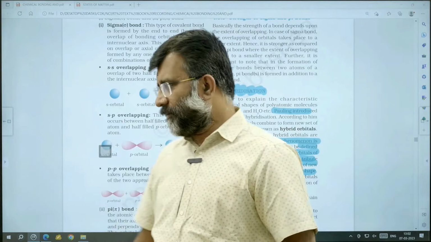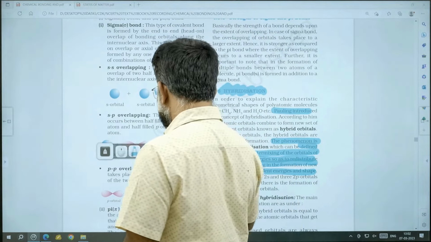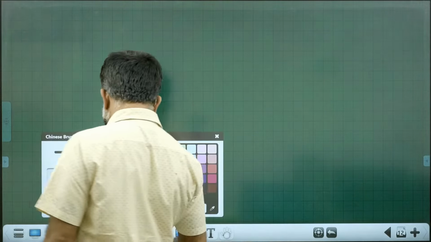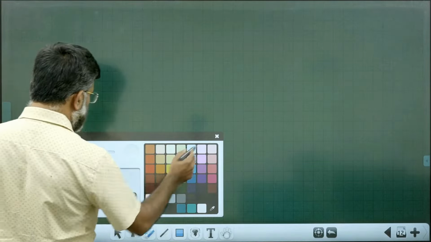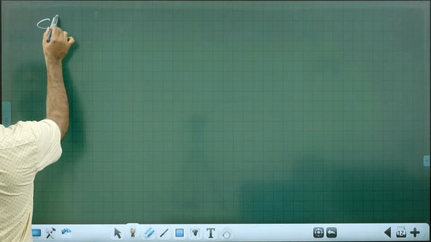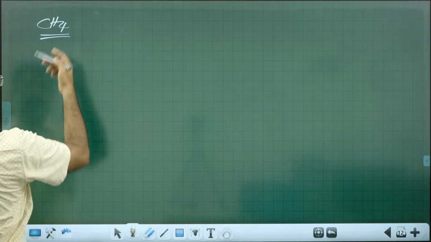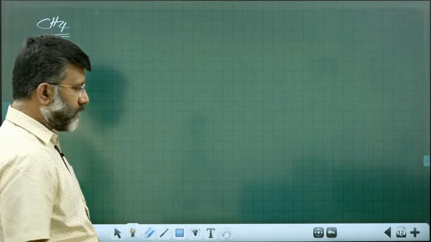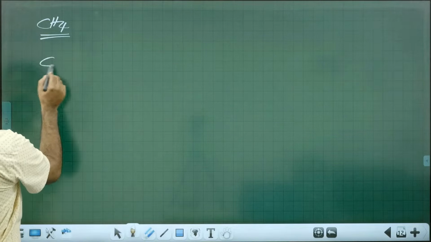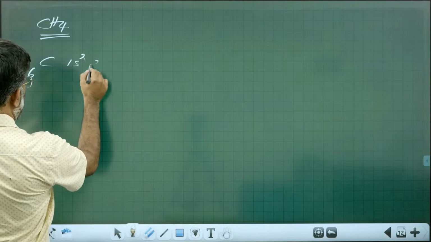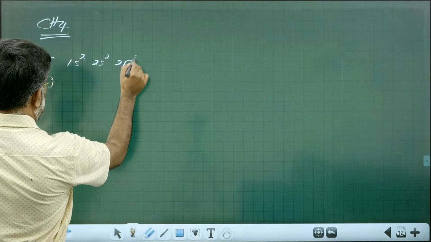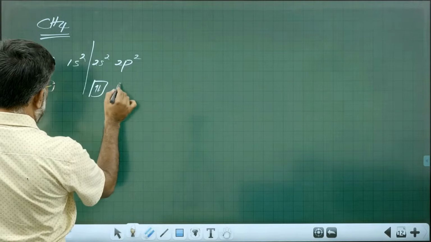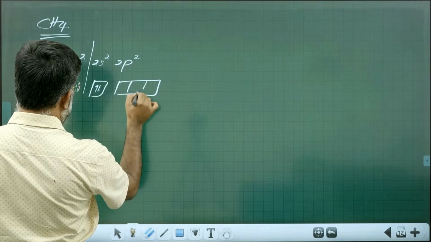For example, suppose we are talking about one of the most commonly encountered hybridizations, in the methane molecule, where the central atom is carbon surrounded by 4 hydrogen atoms. You know carbon has atomic number 6: 1s2, 2s2, 2p2, and the valence orbitals are 2s2 and 2p2.